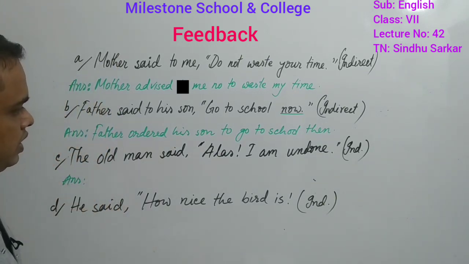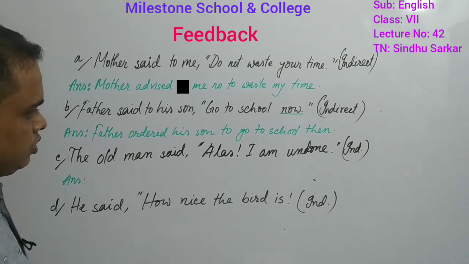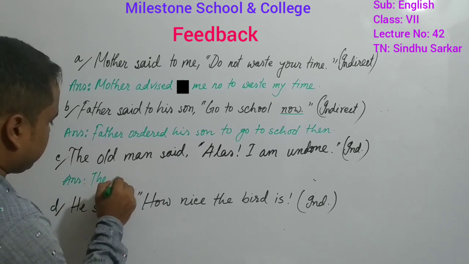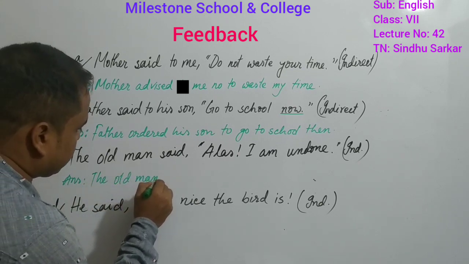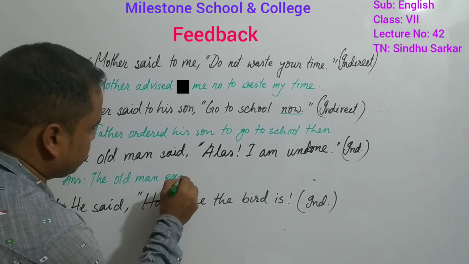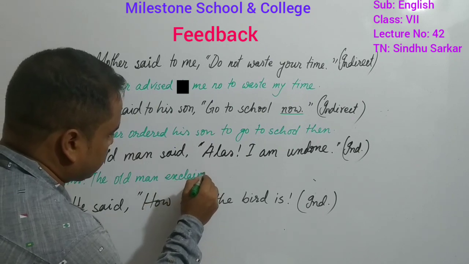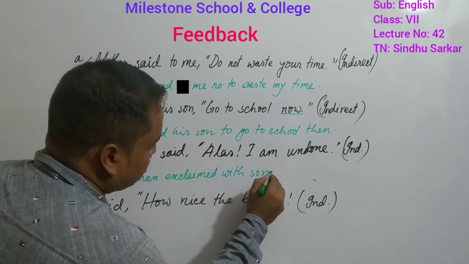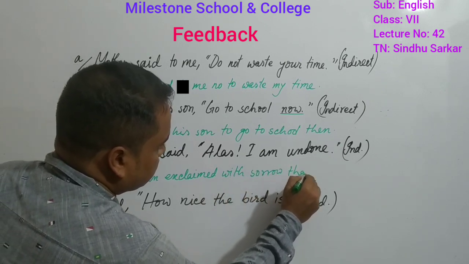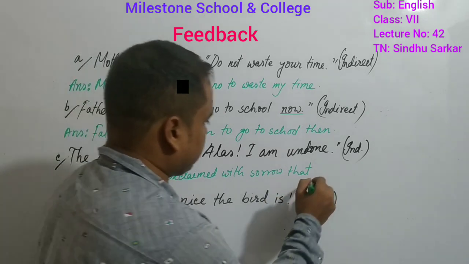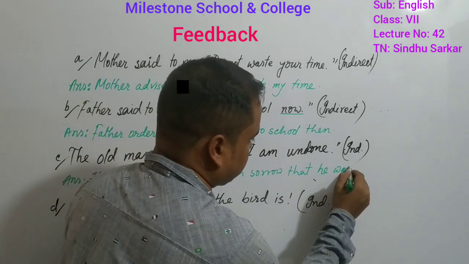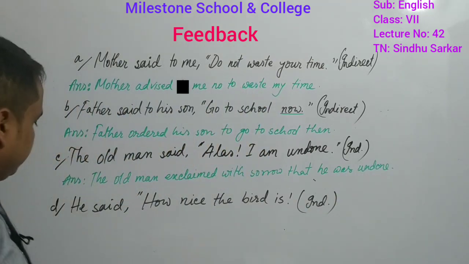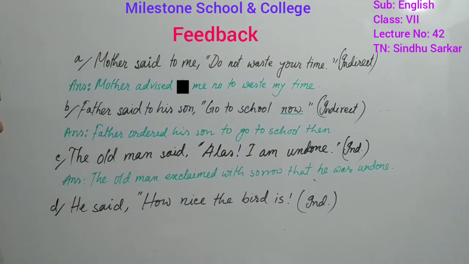Then the old man said, "Alas, I am undone." So it is from exclamatory sentence. It will be the old man exclaimed with sorrow that he was undone. Then he said, "How nice the bird is."